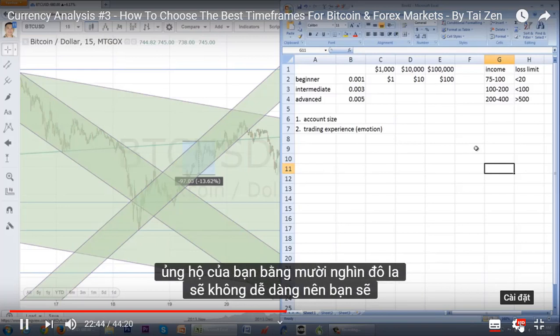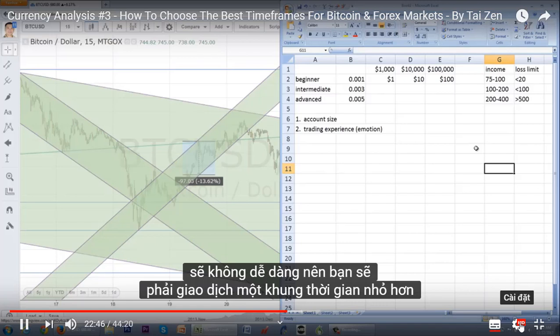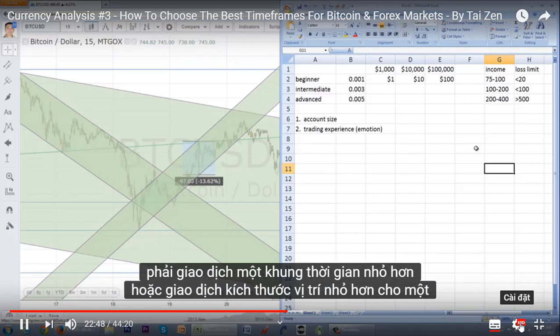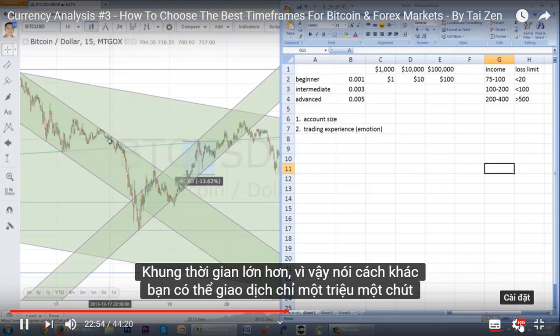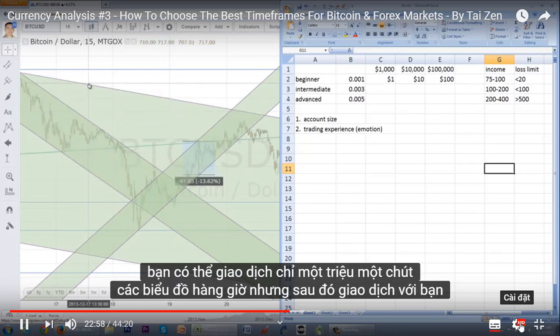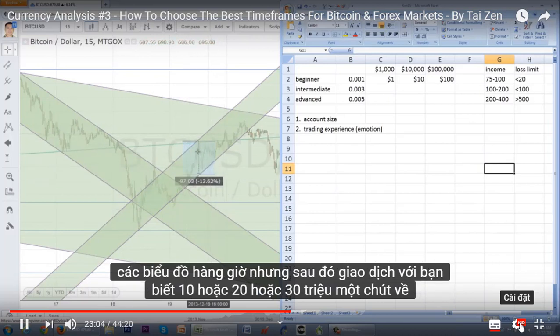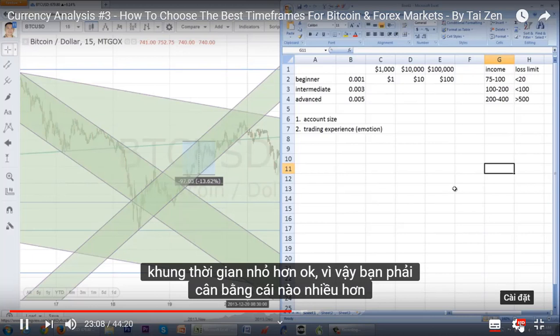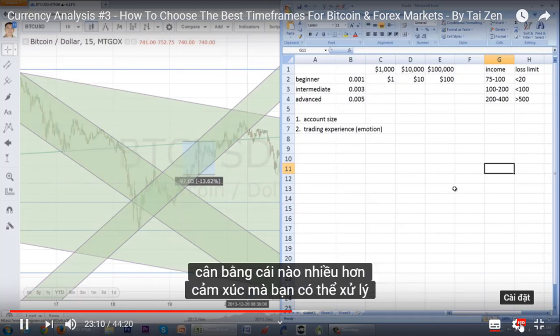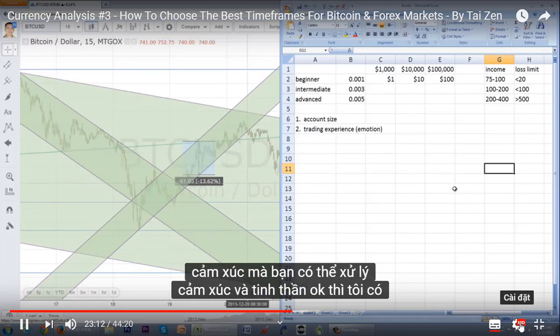It's not going to be easy. So you're going to have to trade a smaller time frame or trade a smaller position size for a bigger time frame. In other words, you might trade only 1 millibit on the hourly charts, but then trade 10 or 20 or 30 millibits on the smaller time frames. So you have to balance whichever one you can handle emotionally and mentally.